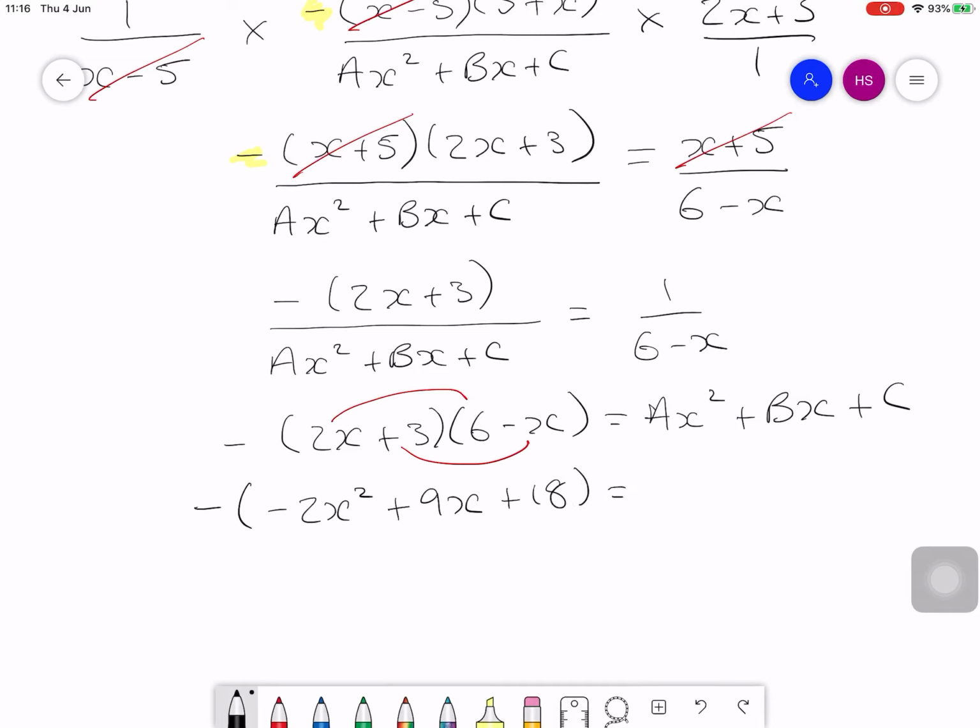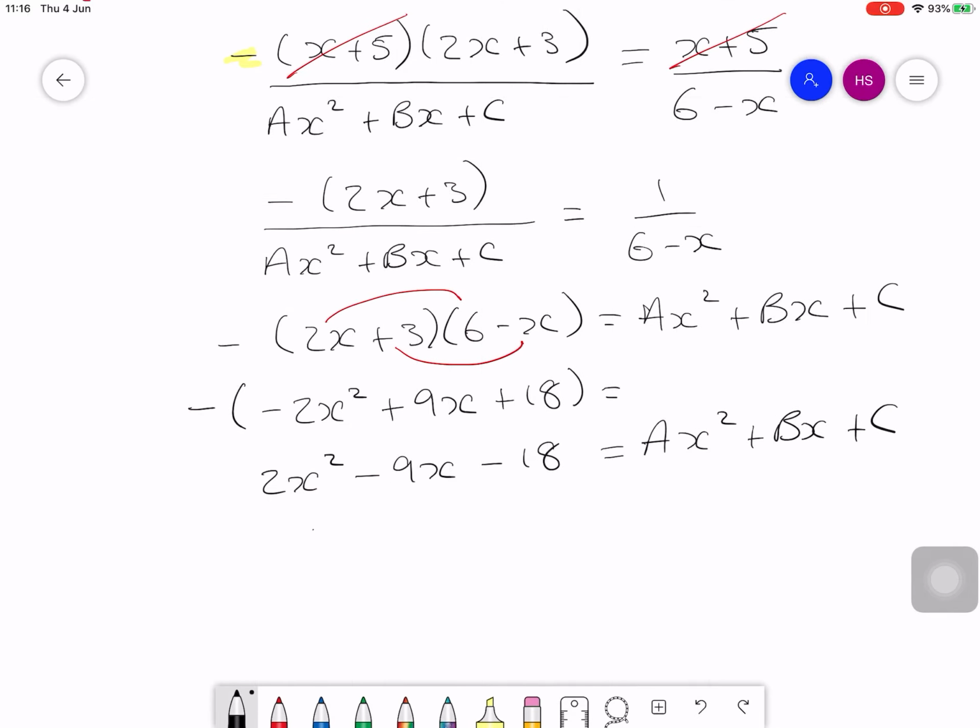But then when I get rid of the brackets, when I multiply through by that negative, that will end up as 2x squared minus 9x minus 18. So that should be fine, but let's just clearly say that a is 2, b is minus 9, and c is minus 18.